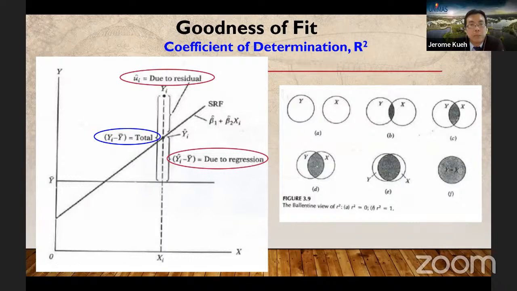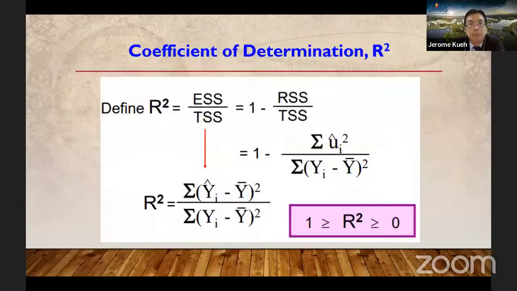So how well can the model that we come up with explain the variation in Y? If you look at this Venn diagram, it reflects the R squared, or coefficient of determination, as the intersection. The greater the gray area, the more X can explain Y. So this is the guideline that we normally refer to.